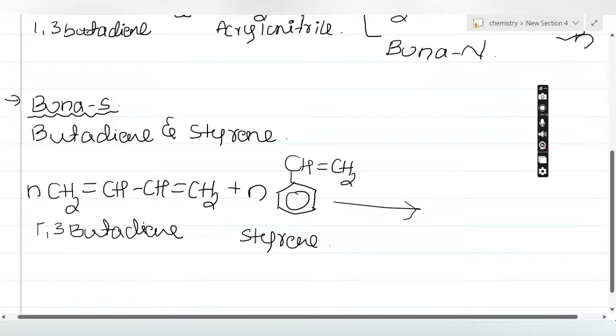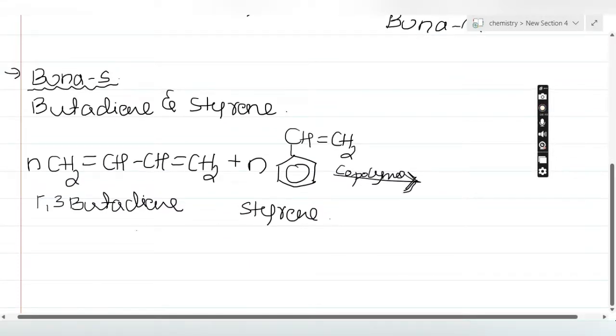This is made to polymerize. Which polymerization? This is copolymerization. There is no space on the right side, that's why I'm writing the partial structure of BuNa-S down here. You know how I told you to write? Look over here everyone. This double bond you are shifting here. This bond will go and attach to the CH. This double bond will go to the end. Means all double bonds will become single bonds and single bonds will become double bonds. You start reading from this CH2 till this end CH2.